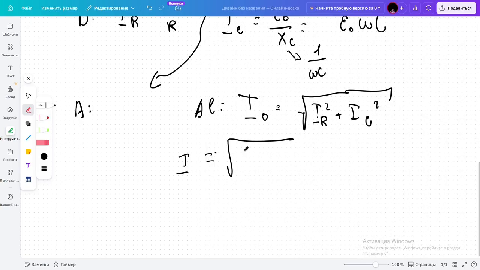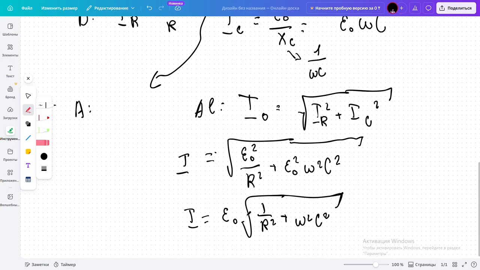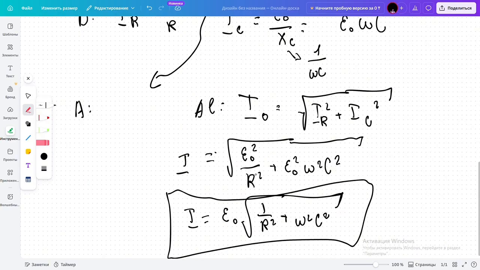It will look like this: E0 squared over resistor squared plus E0 squared omega squared capacitor squared. We can take E0 out of the square root, and there will be left only 1 over resistor squared plus omega squared C squared. And that's it.